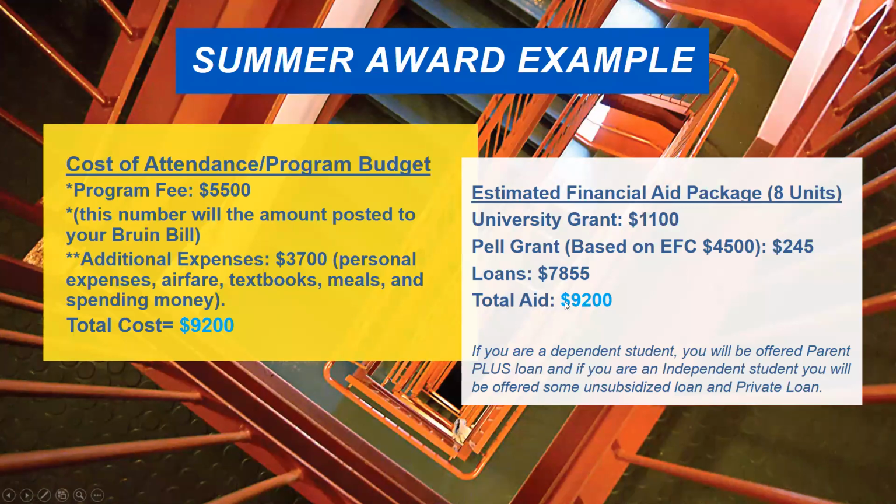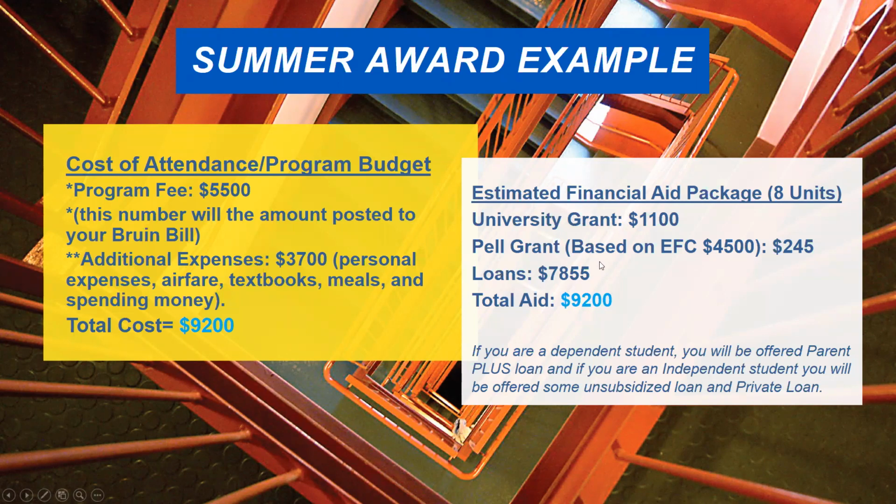In order to fully cover this $9,200, we awarded this student also $7,855 in loans. So again, as I said earlier, between grants and loans, we're going to cover the full amount.